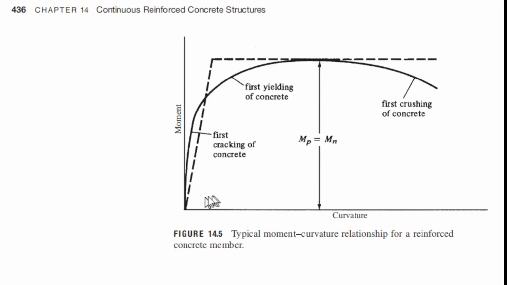What are the regions? First, cracking of concrete, here at about one half of this. Then first yielding, about on this corner. And then here at the tail is the first crushing of concrete. So, the first indications of cracking, yielding, and crushing.